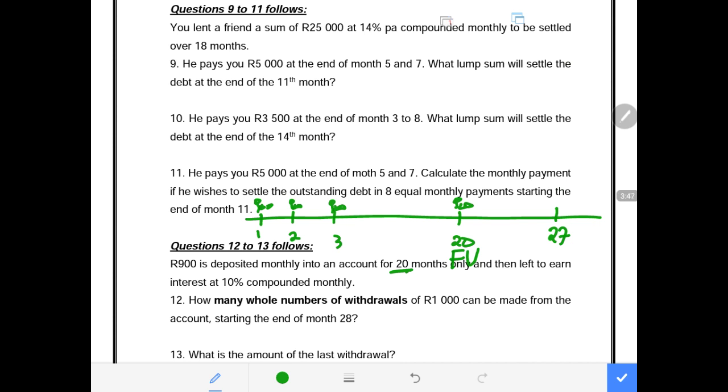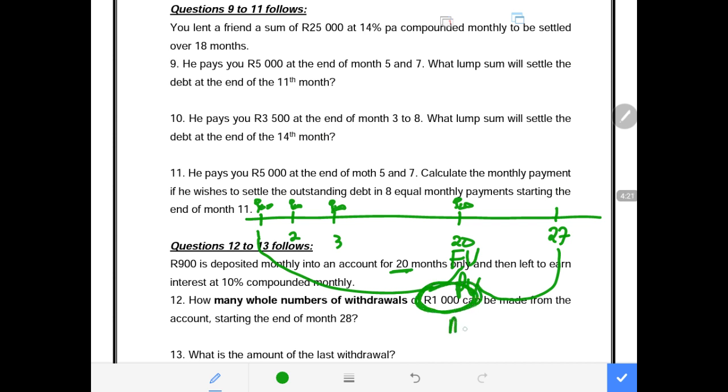Now, let us continue on that note, where we're calculating the future value of the payments of 900, and this future value will be changed to a present value, and earn interest up until month number 27. Then in month number 28, we start calculating how many withdrawals of 1000 this person can make, because we already know he is going to withdraw 1000.